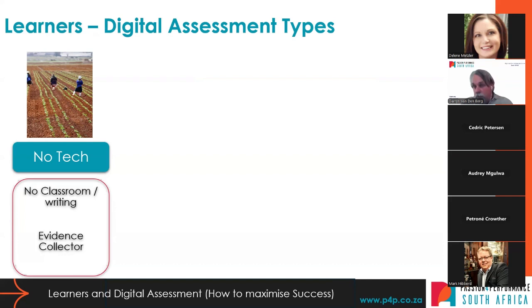But at the same time, there's no reason why your assessors or your facilitators can't be using tech for no-tech. So this is typically your no classroom, very little writing, even learning takes place in the workplace. A good evidence collector would help the learning here. So you can start matching these no-tech and novice learners, and what do you do around that?